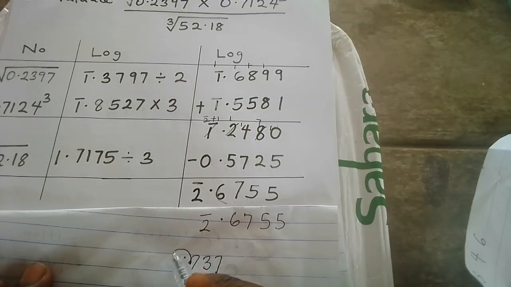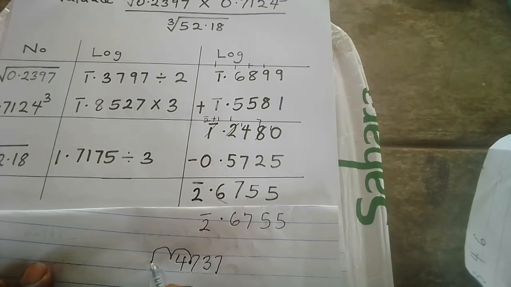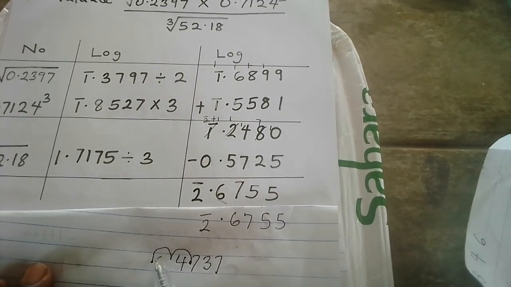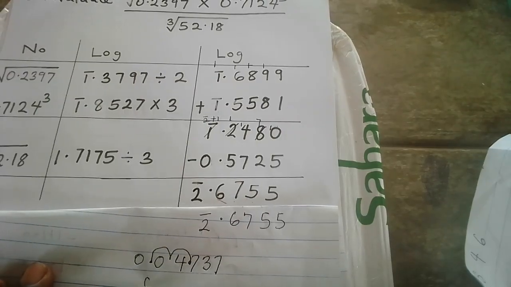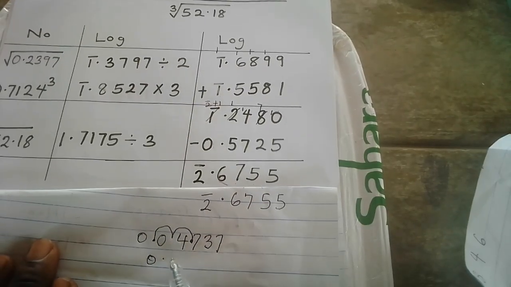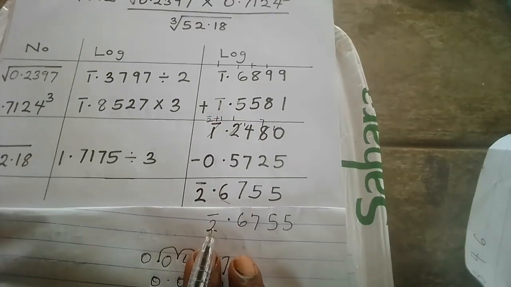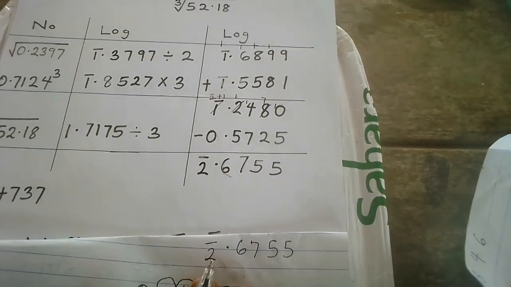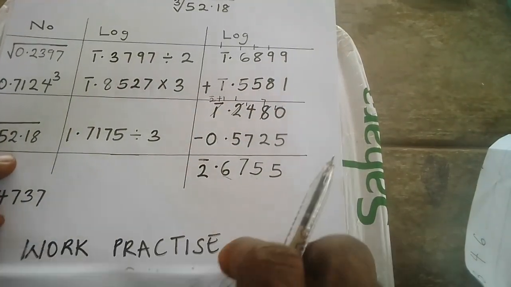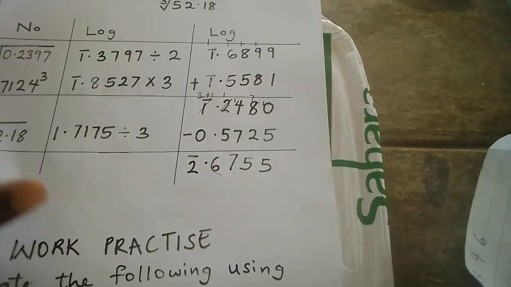How many times? 2 times: 1, 2. The decimal will be here. For this one, put 0. So you're having 0.04737.